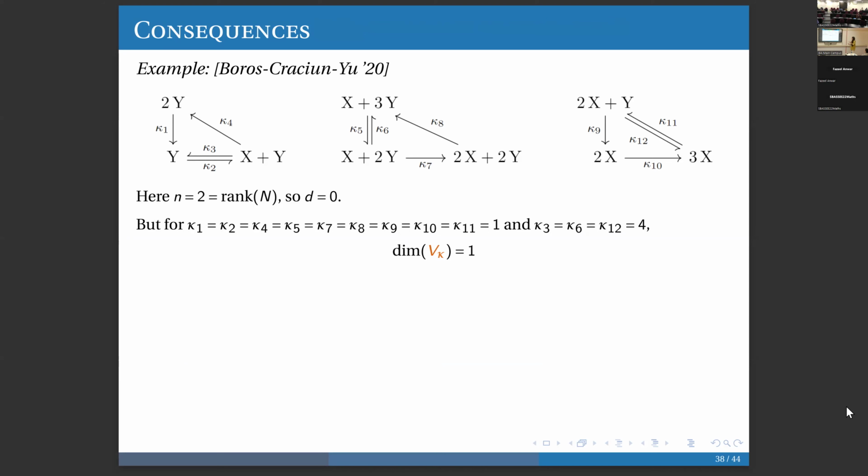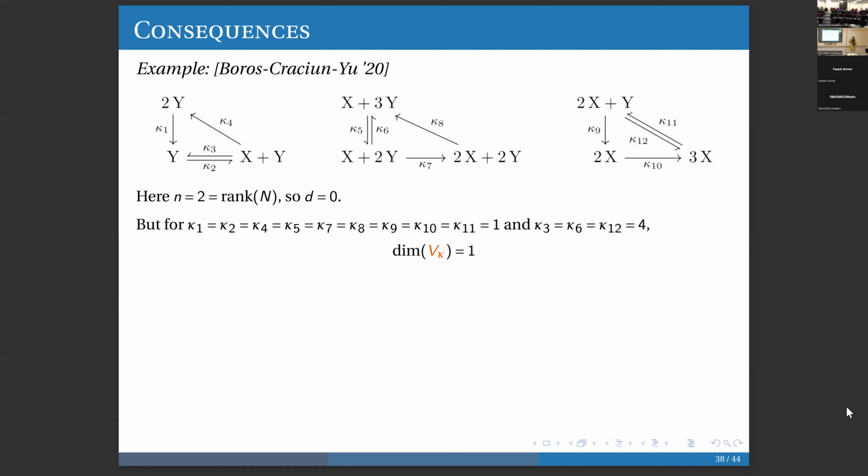This is one consequence, but there are some other consequences. There are some networks, for instance, weakly reversible networks with deficiency 0. This is not the case for this one, but with deficiency 0.